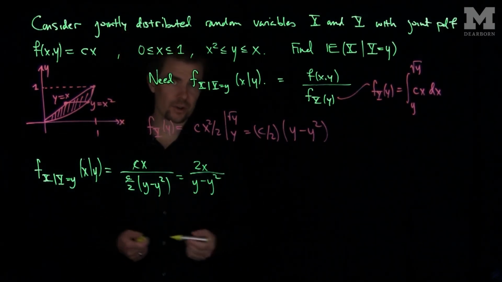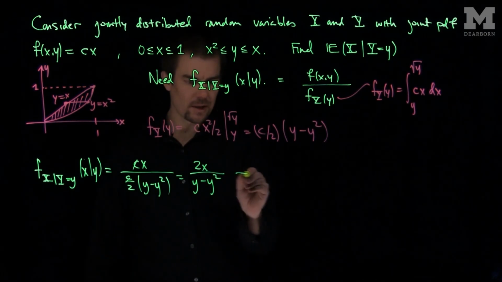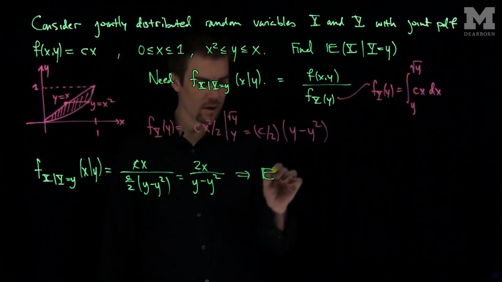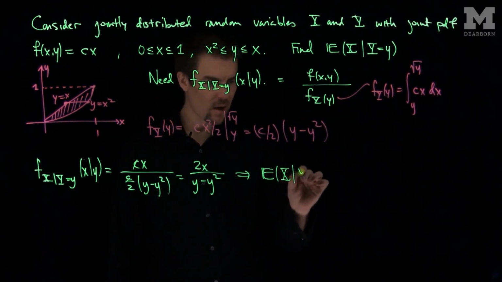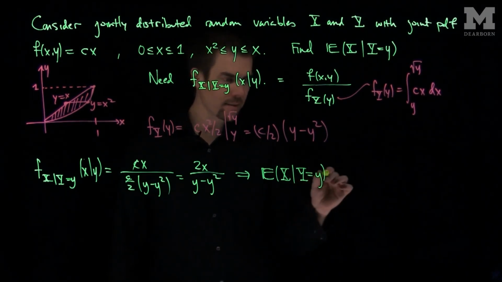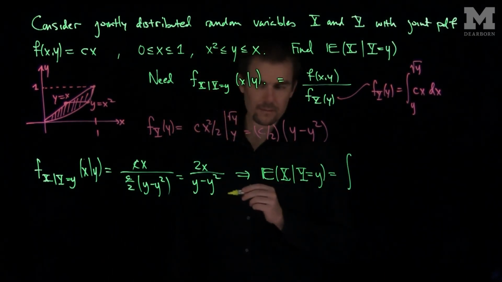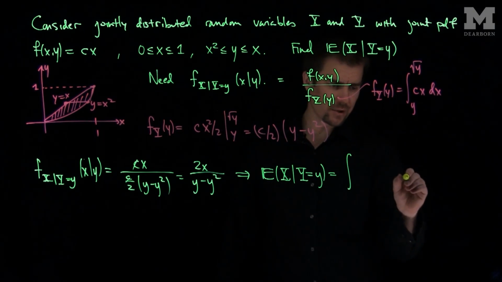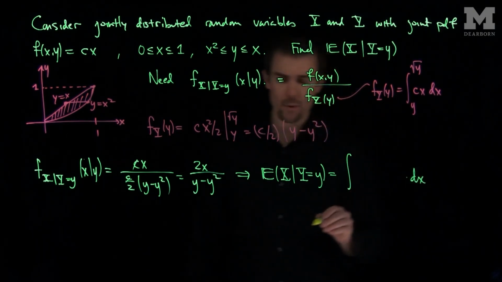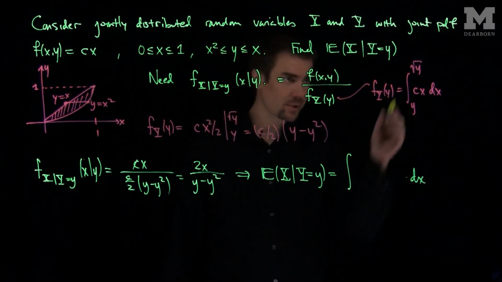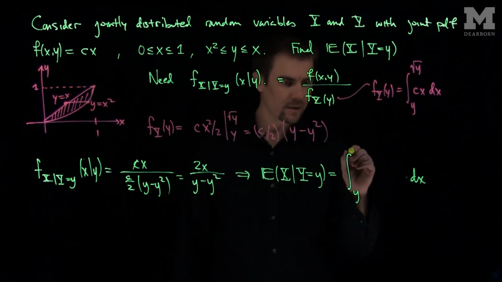Now we have our conditional density function, and that tells me that the expected value of X, given that Y is equal to y, is going to be the integral. I have to integrate over the x region of integration, so I have a dx here. Where does x go in this region? As we saw before, x goes from y to the square root of y.